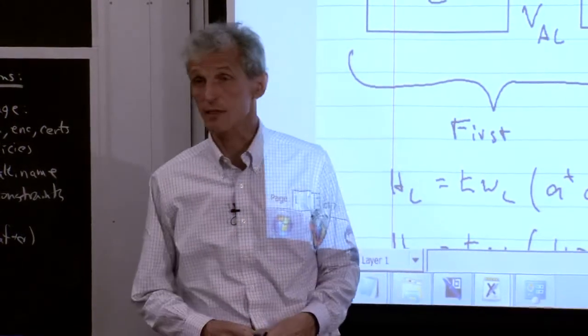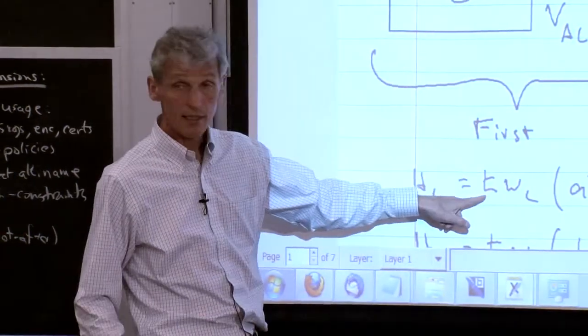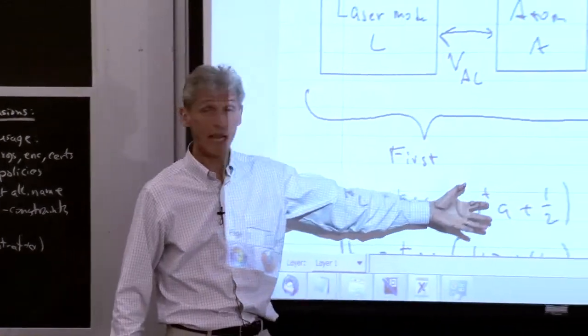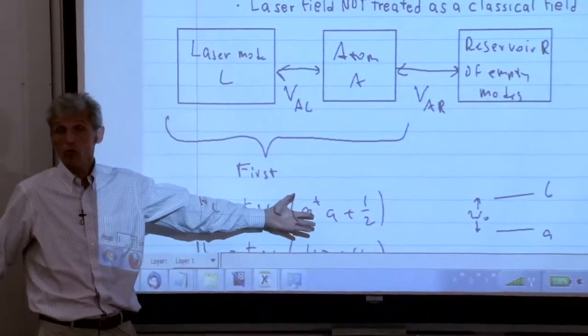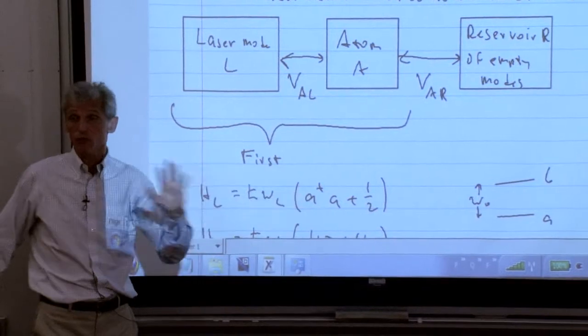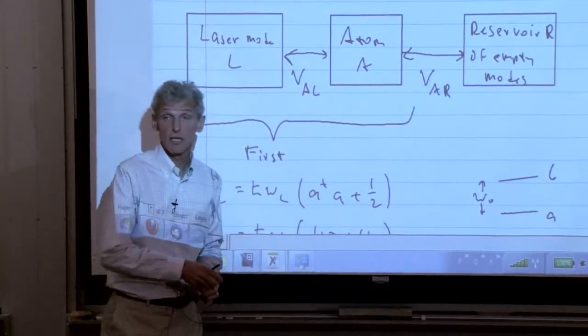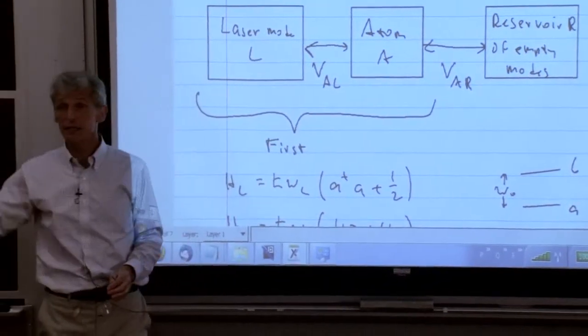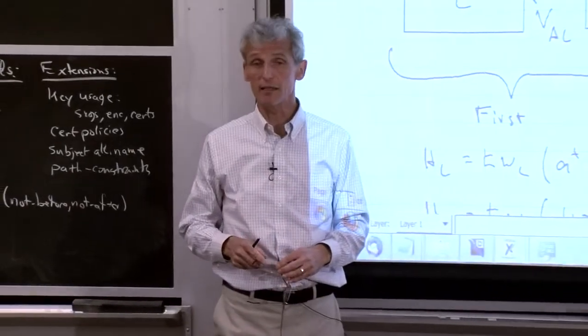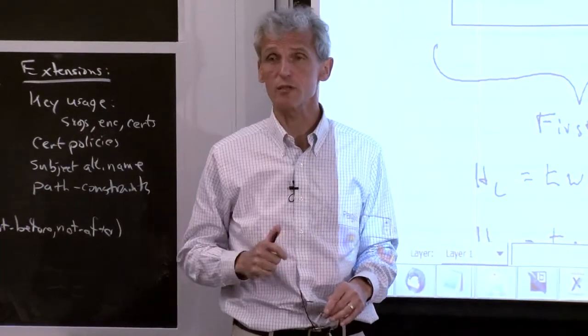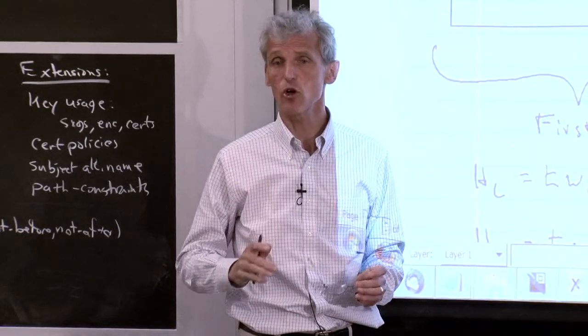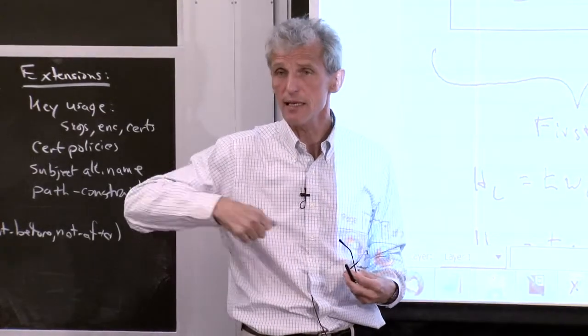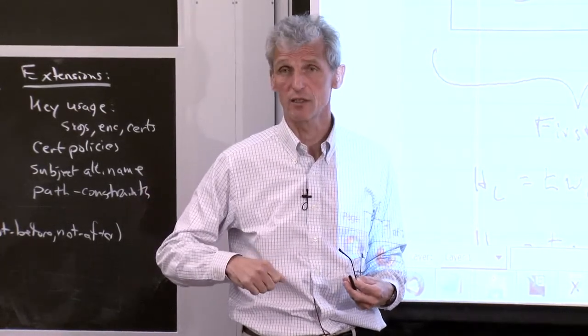But there is a difference. This Hamiltonian is time independent. If you take a classical field, which is cosine omega L t, you don't have a time-independent Hamiltonian. You have a driven system, and your wave function has an external time dependence. It's the laser beam driving the wave function.